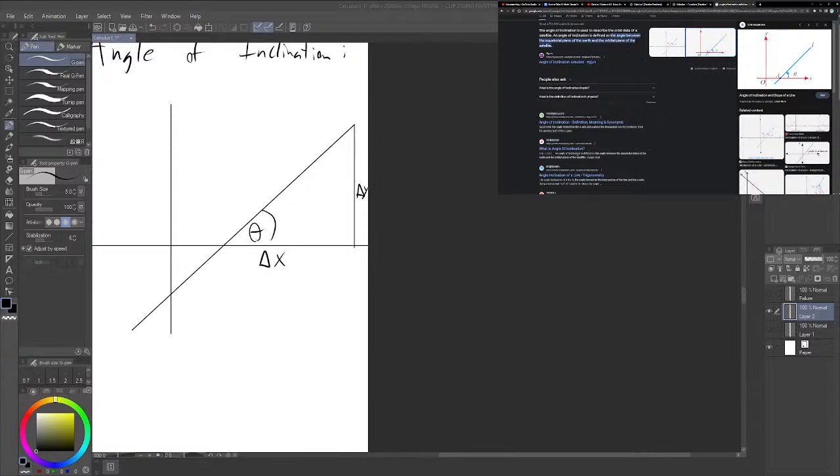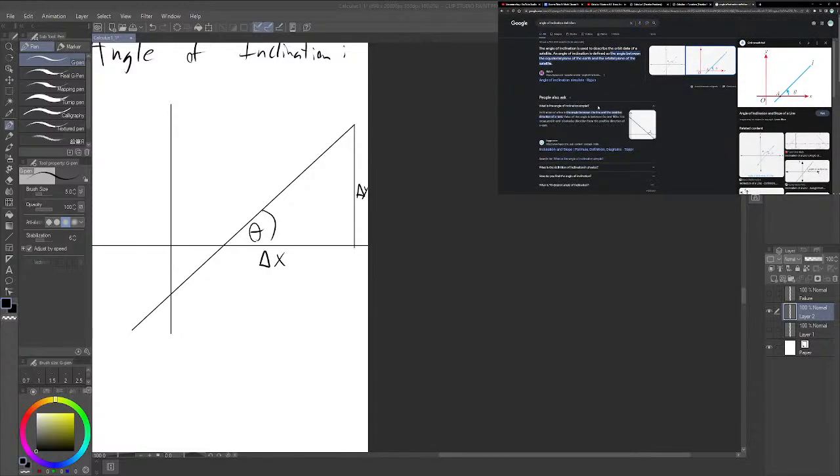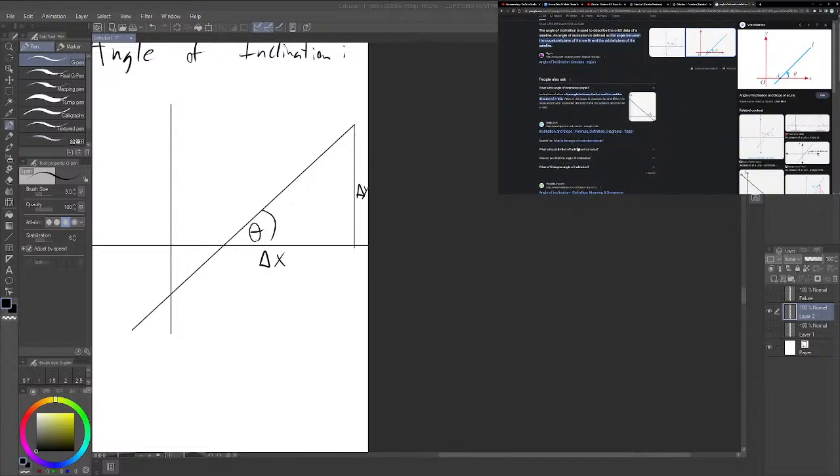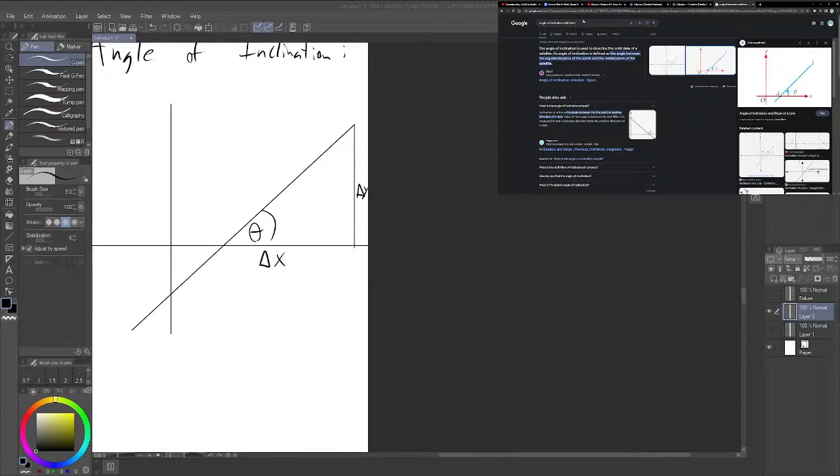What is the definition of angle of inclination in math?